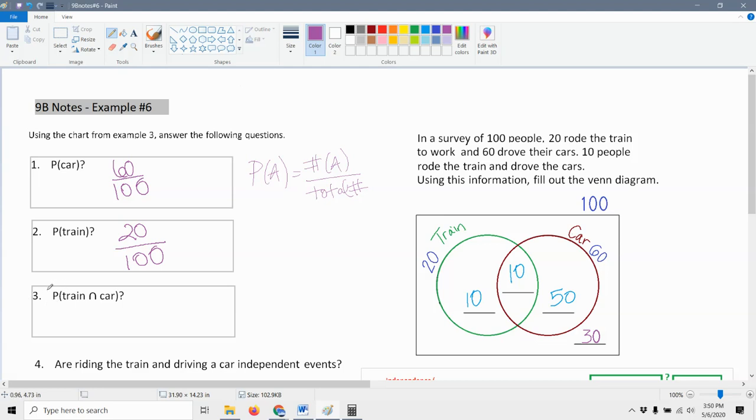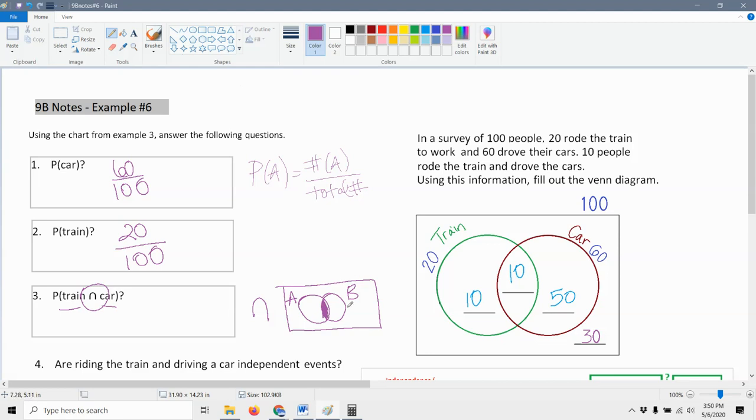Part 3 wants to know, well, what's the probability that somebody took the train to work and took the car to work? Okay? And when we look at that category, train and car, we remember the "and" in a Venn diagram. When we have two different subsets we're looking at, "and" means that it's those elements that are in both of those subsets.